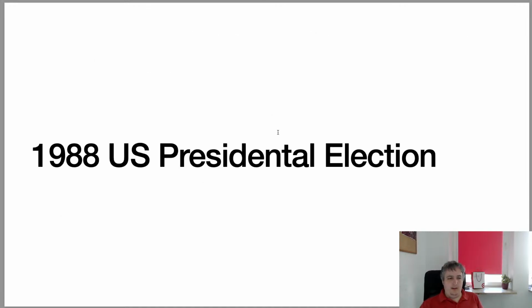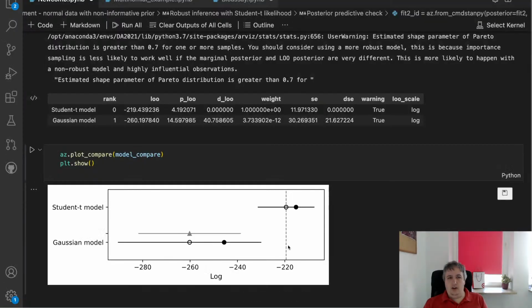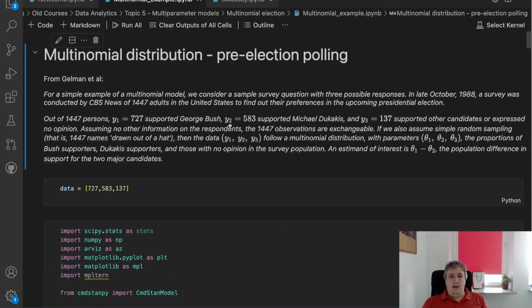We will cover a simple data set of the 1988 US presidential election. This is again a celebrated example from the statistical books. In this election we had George Bush Sr., the one who did the first war in the Gulf, the first invasion of Iraq, after Iraq invaded Kuwait.